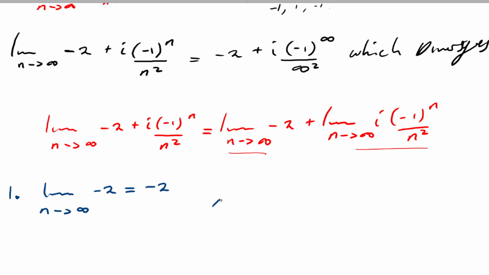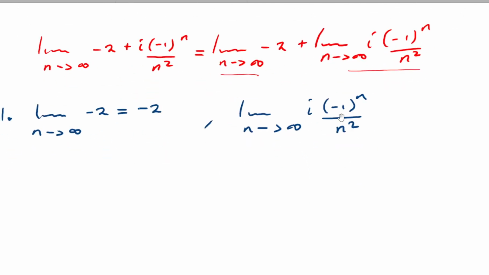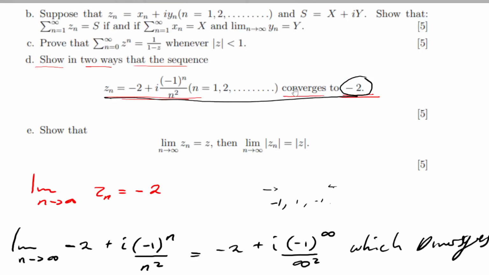Okay, but what about the limit as n approaches infinity of i times (-1) to the power n over n squared? We want this part to be 0, so that we only remain with -2, and we will have answered the first part, which is converging to -2.